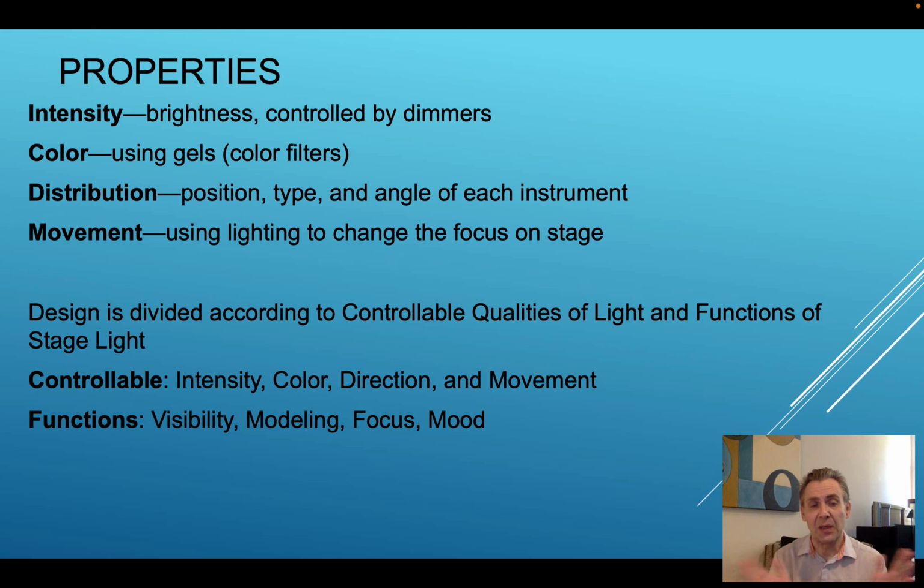That's how we describe the intensity, 0 to 100% of the capability of the instrument. Color refers to the color filters or color gels that might be used. Distribution refers to the position and the type and the angle of each instrument. So what instrument is going to be placed where?